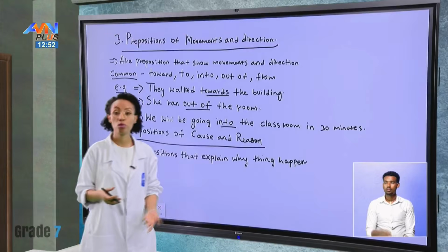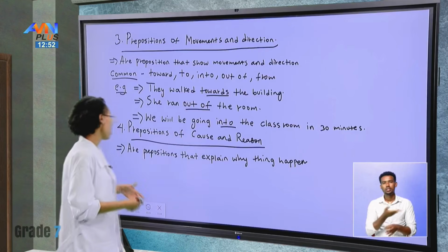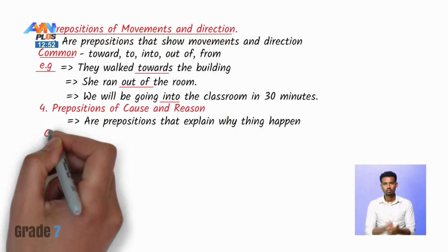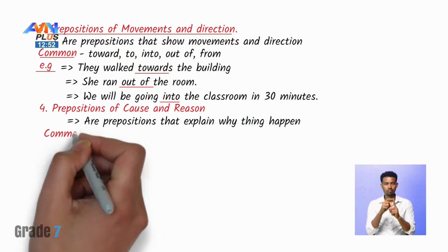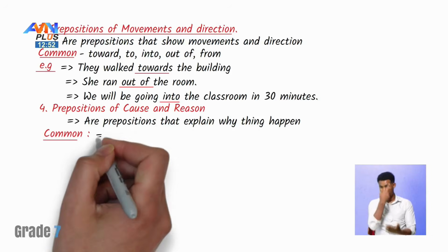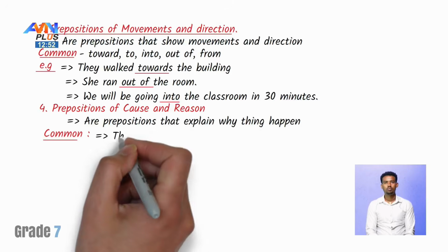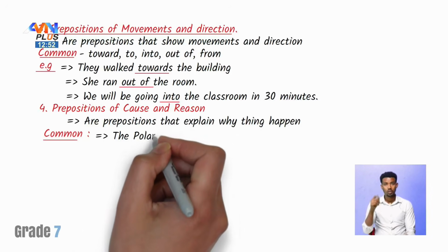So these are prepositions that explain why a certain thing is happening. The common prepositions here are because of, due to, from, and for. And remember, there are many others as well.